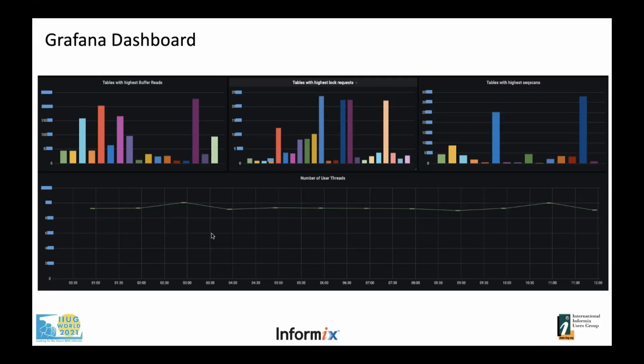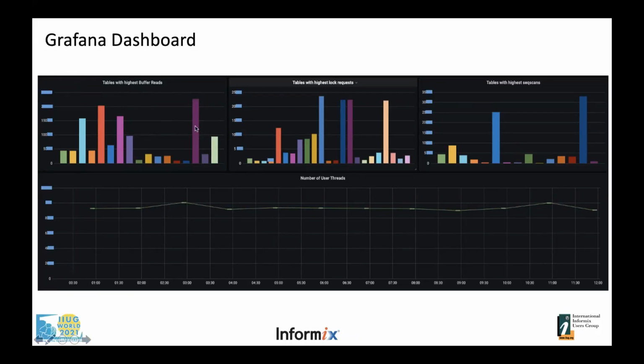Okay, so this is how the dashboard kind of looks like. This is for a particular server. You can use the Prometheus query language in the background, which pulls the data from the time series database, and then it plots a beautiful looking graph, which tells us these are the tables with the highest buffer read.